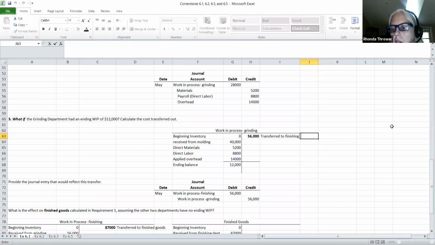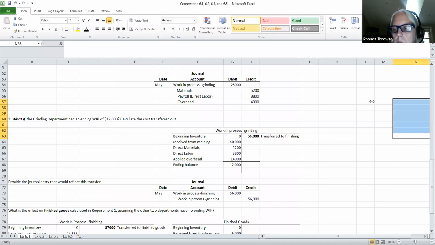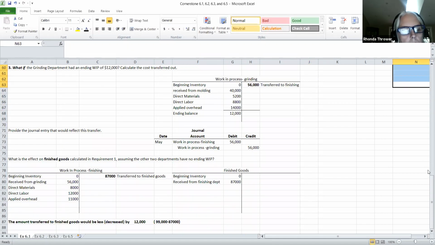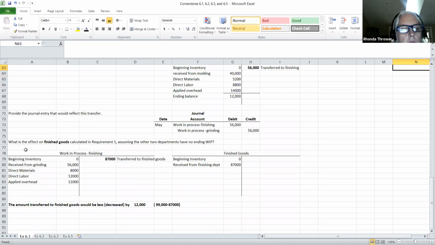And then they took it even a step further. And they're asking you, what is the effect on finished goods calculated in requirement 1, assuming the other 2 departments have no work in process ending inventory? So they're still saying that this grinding department has an ending inventory associated with that.